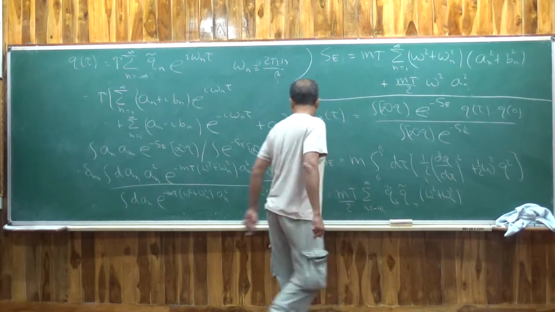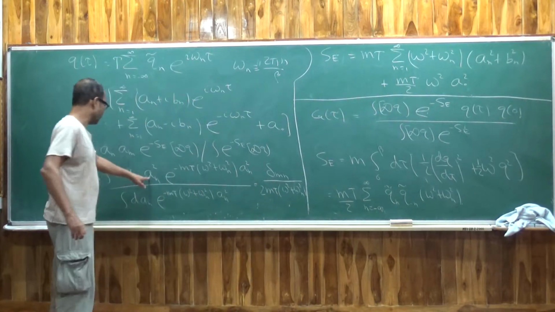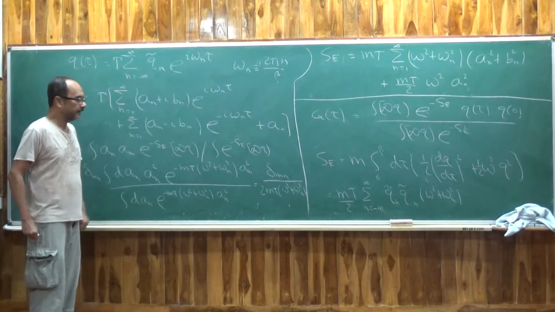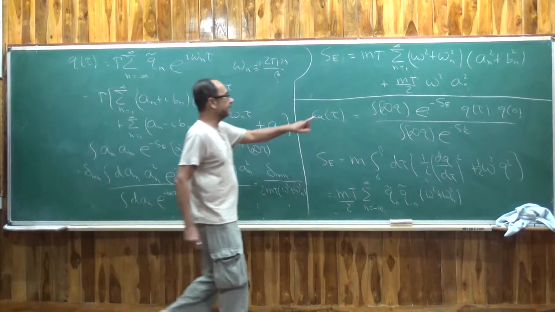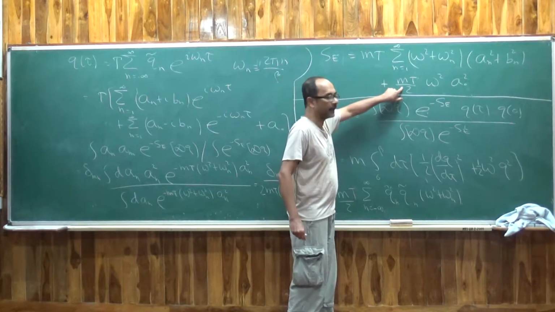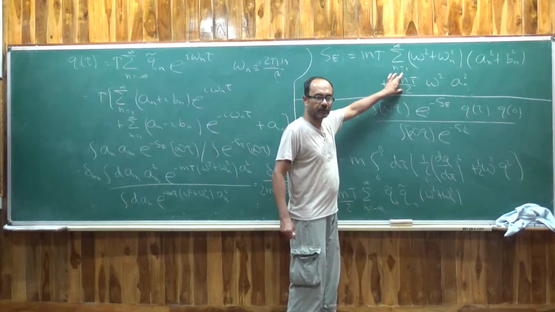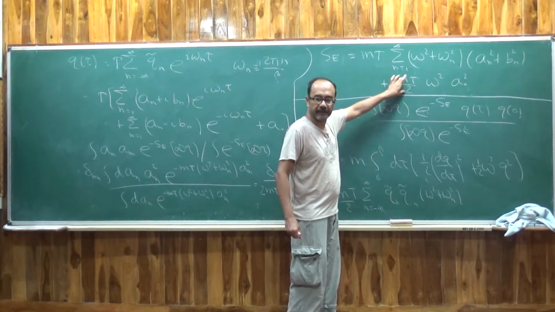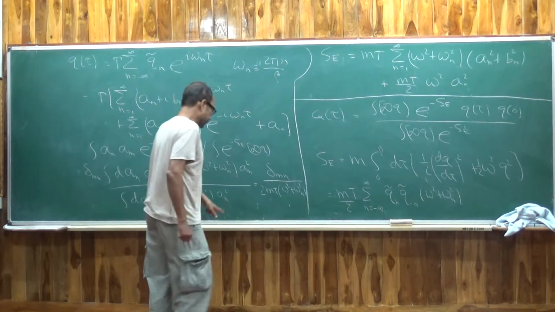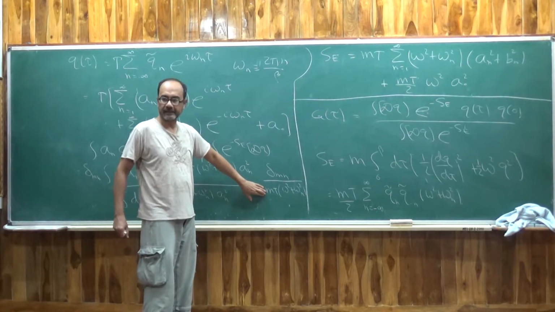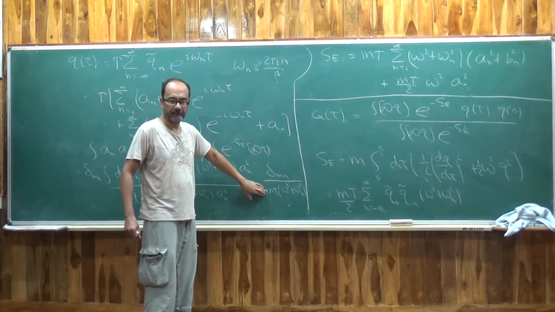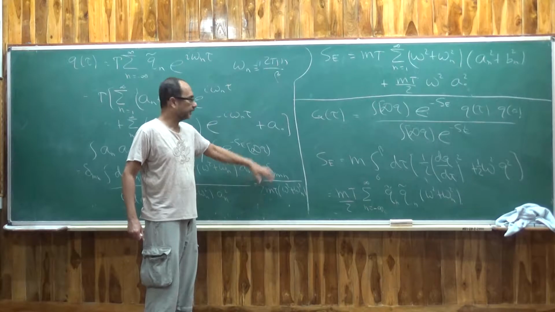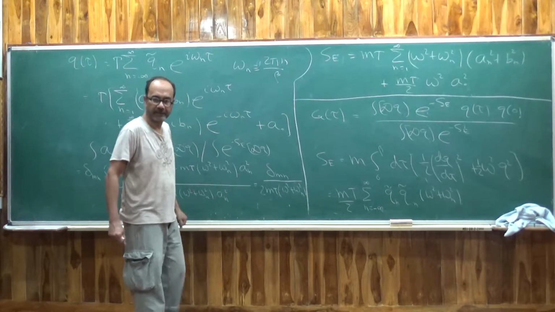And if we have a0 square, then the only difference is that instead of 1 over mt, you will get 1 over mt by 2, because the coefficient of a0 square has a half in it. So for a0 square, this factor of 2 will not be there. That's the only difference. Otherwise it just follows.